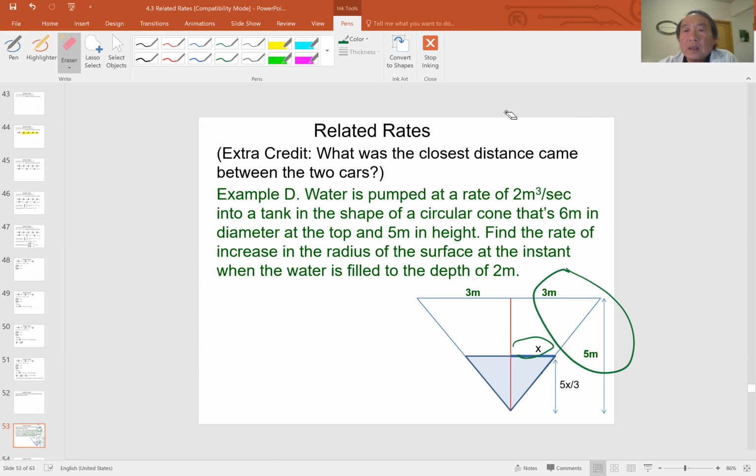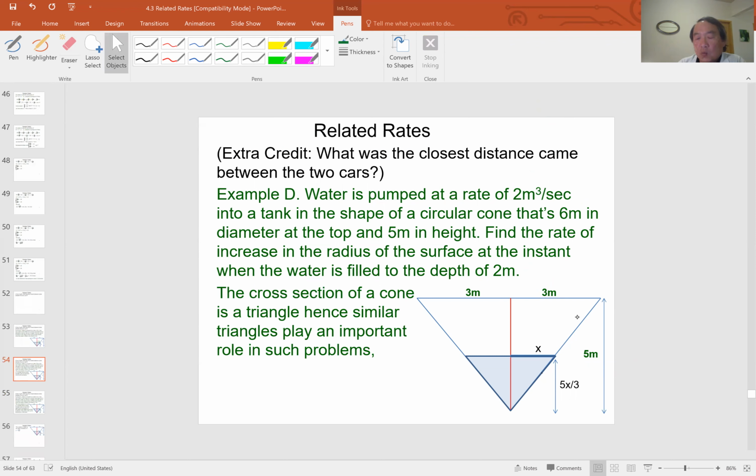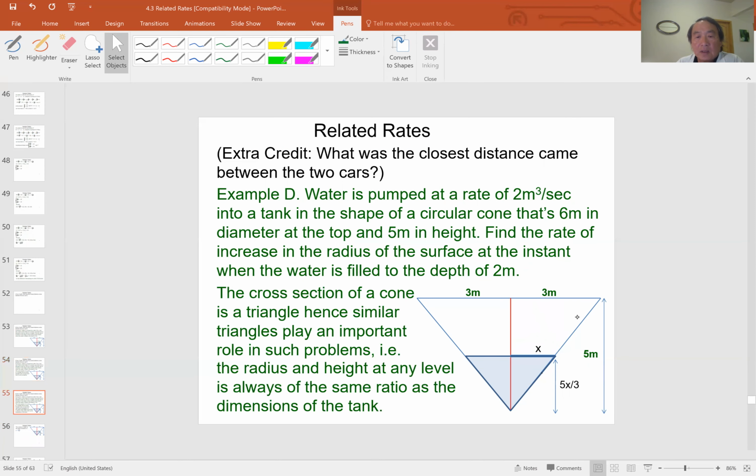Well, the basic problem here is you need to relate dV/dt to this measurement x. So we first need the volume formula for the cone. The volume formula for the cone is 1/3 pi r squared h, one third of the cylinder. Okay, and now the r is the x.